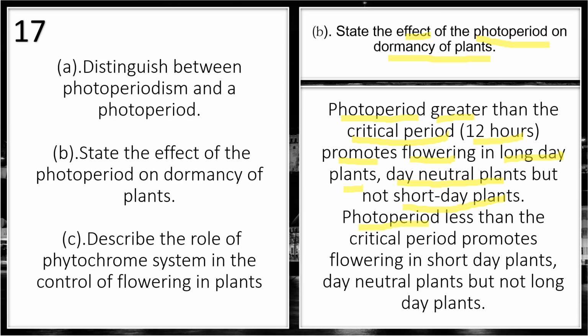Whereas photoperiod less than the critical period will promote flowering in short day plants and day neutral plants, but not long day plants.